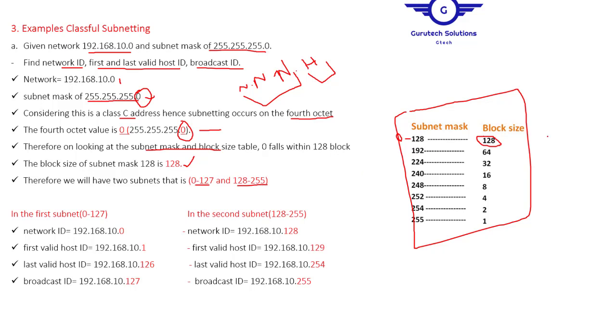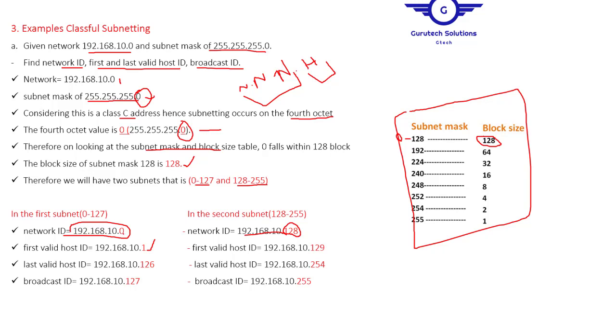Why did I say that block size helps us to move from one subnet to another? You can see the first network ID here is 0, but the network ID on the second subnet is 128. The block size has helped us to move from one subnet to another. So on the first subnet, the first valid host ID is 1, because 0 is just the network ID.